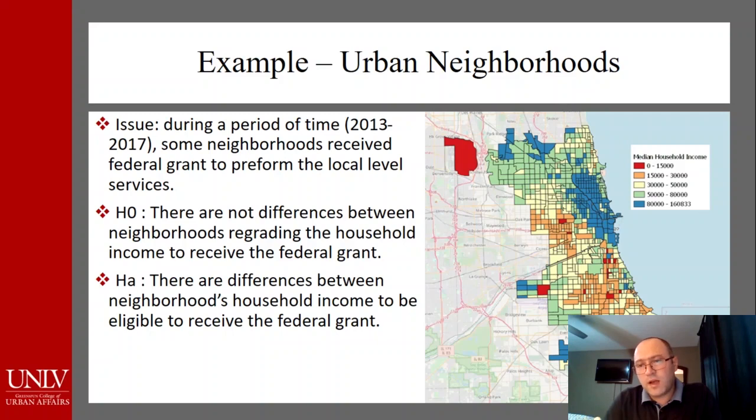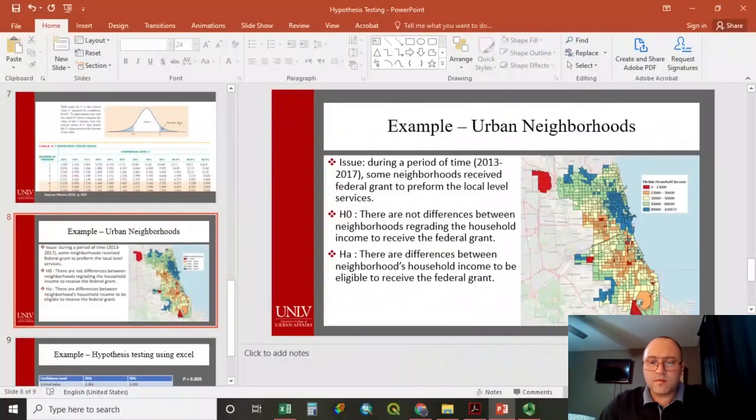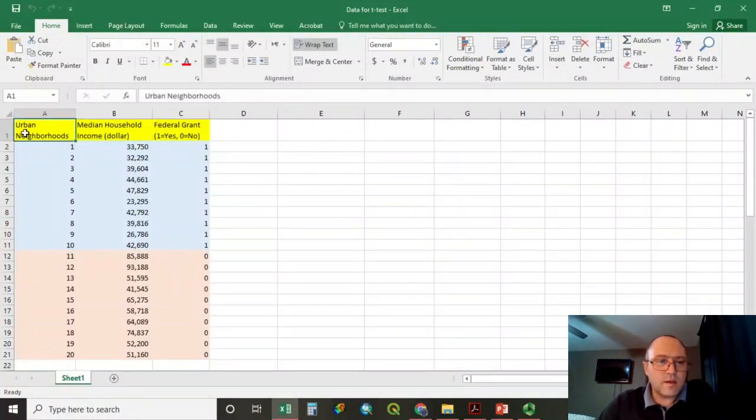We designed this as a research question and designed the null hypothesis, which indicates that there is no difference between the neighborhoods, and the alternative hypothesis indicates that there is a difference between neighborhoods to be eligible to receive the federal grant. To test this hypothesis, we need to go back to our data in Excel.